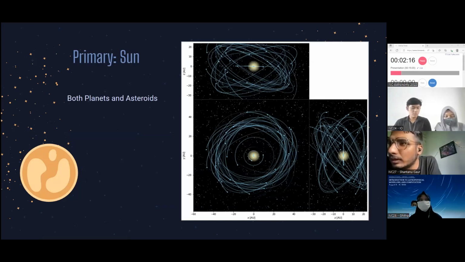On the top, the image is an edge-on view. If we look in the center, there's a glowing yellow sphere, that's the sun, and we can see a line that passes right through the middle, which is actually the orbits of the planets. Although the orbits that we see at high inclinations are actually the orbits of the asteroids.